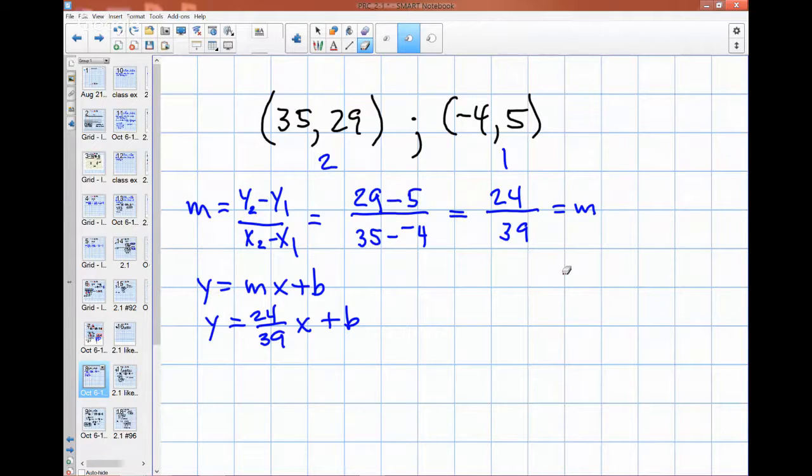And you probably would agree with me on this. When it comes to picking a point, you can pick either one of these two. Pick the one with the smaller numbers. It'll make it a little bit easier on you. Yeah, that's fine. So this time I'm going to plug in 5 for y. And we're going to plug in negative 4 for x.